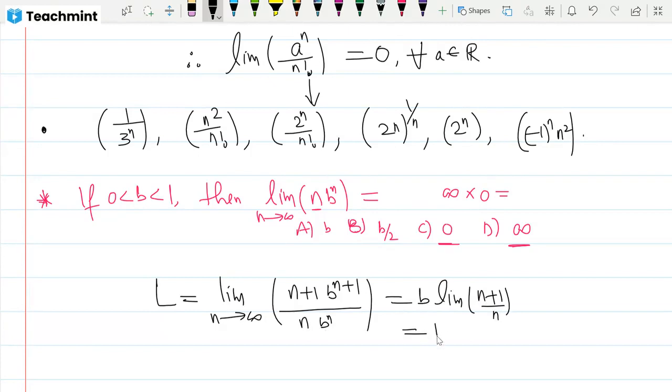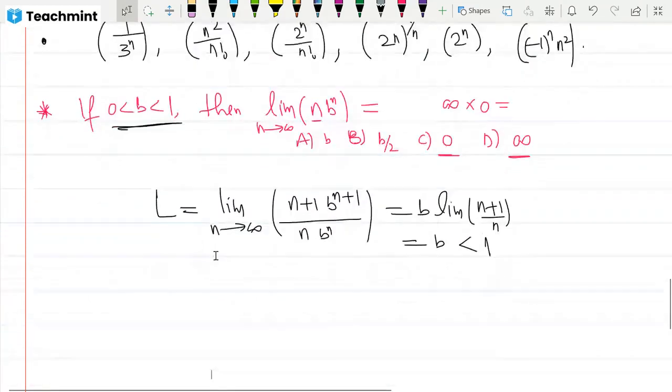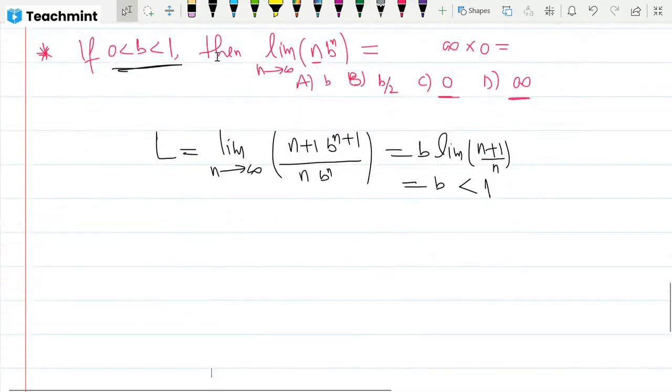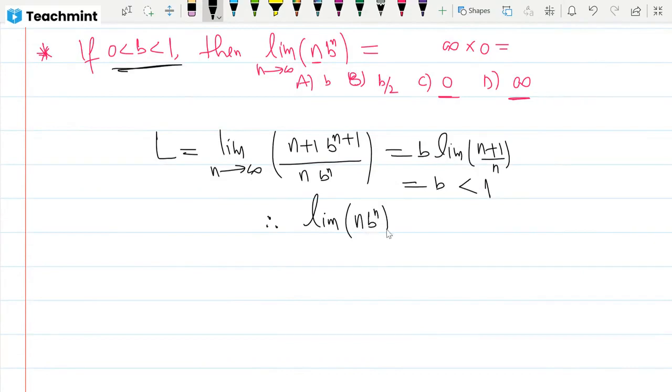So therefore this is b, which is less than 1. It is given, right? b is less than 1. So therefore, the L value is b, which is less than 1, and by the root test for sequences, the limit of the given problem is 0. This is a very important problem.